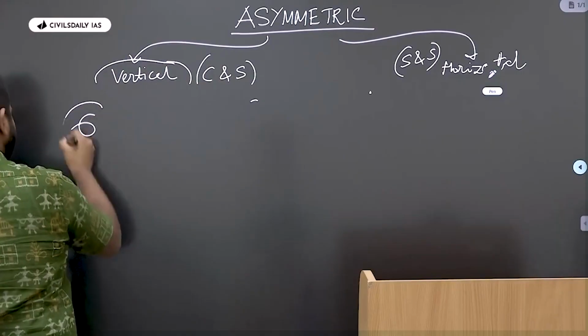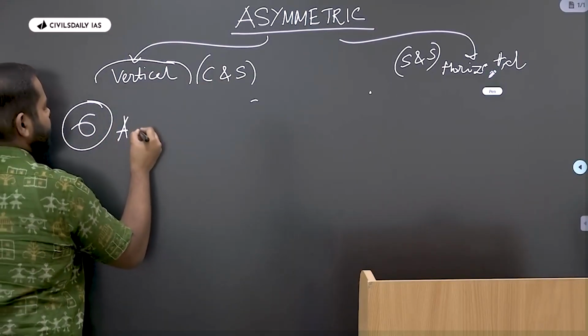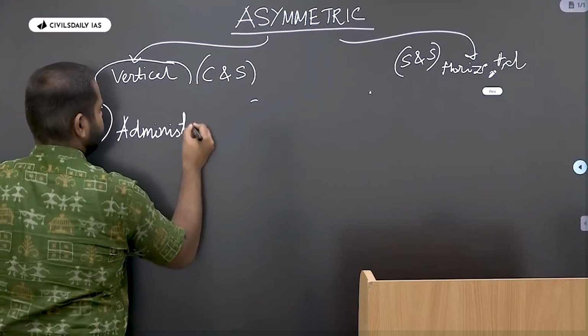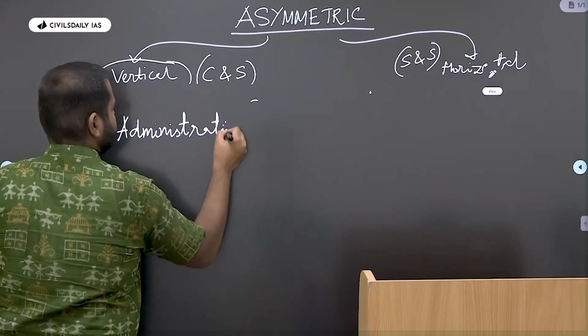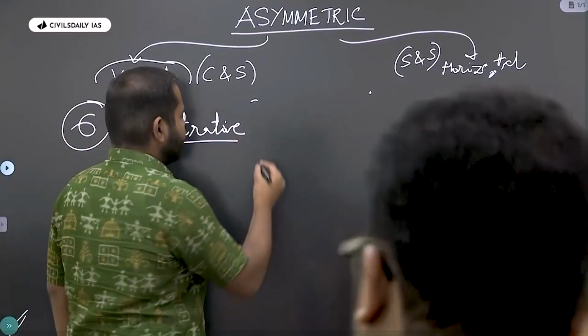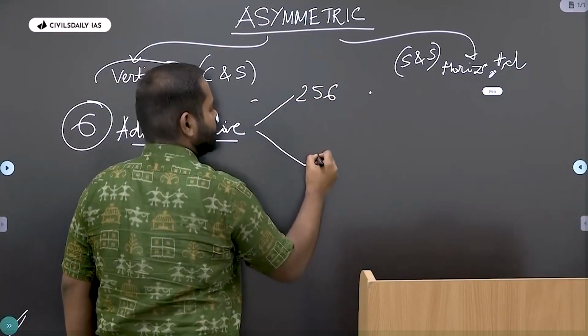Then the sixth one is in terms of administrative delegation. For that, we have 2 articles which become necessary, 256 and 257.